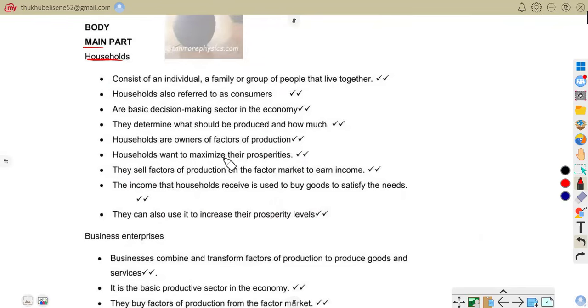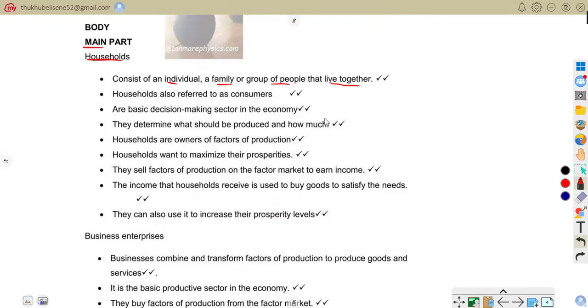The first one is the household. It says the household consists of an individual, family, or group of people that live together. Meaning a household can be one person or people living in the same home. For example, a family of 4 living in Pretoria.